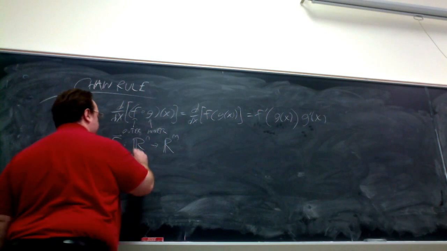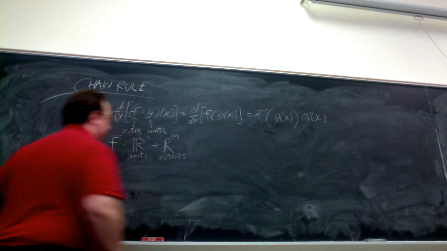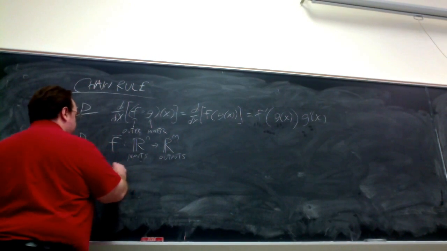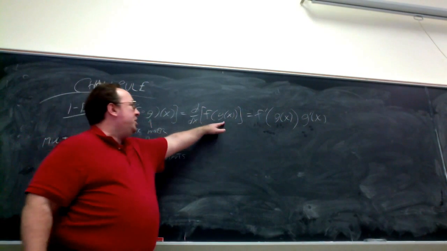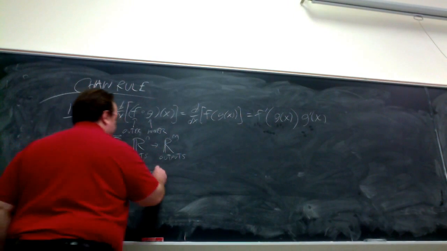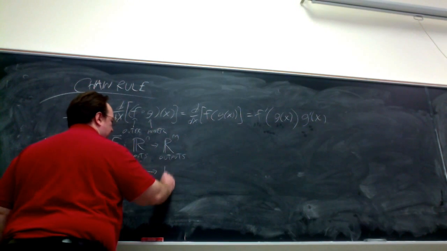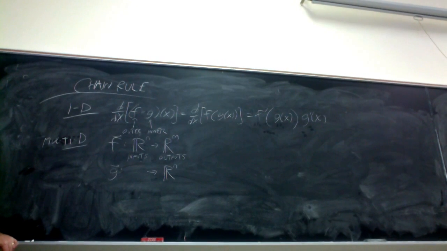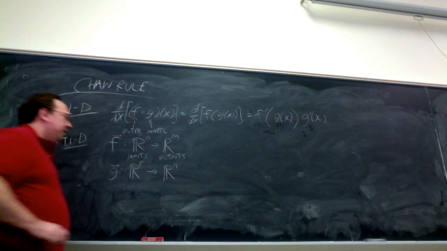Keep in mind, domain is the number of inputs, range consists of your outputs. Now for g, the output of g is the input to f, so those two are related. The number of outputs of g has to be the same as the number of inputs to f, so this has to be R^n. And the number of inputs to g, we'll call P.